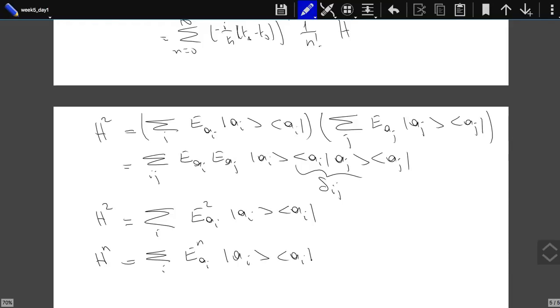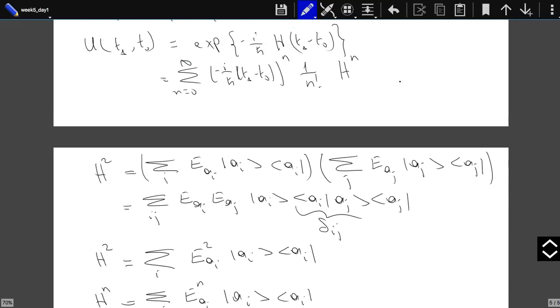Now let's come back to our time evolution operator.